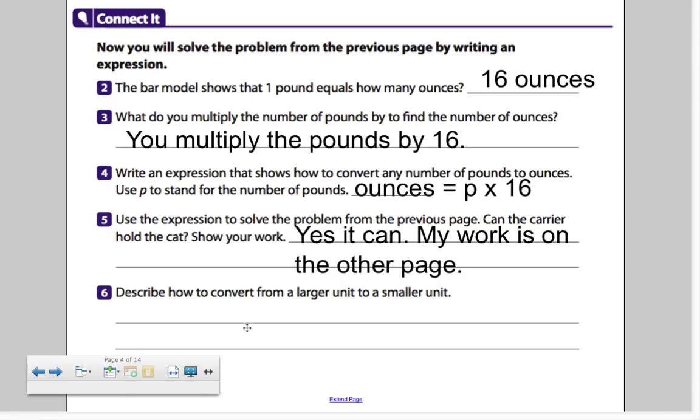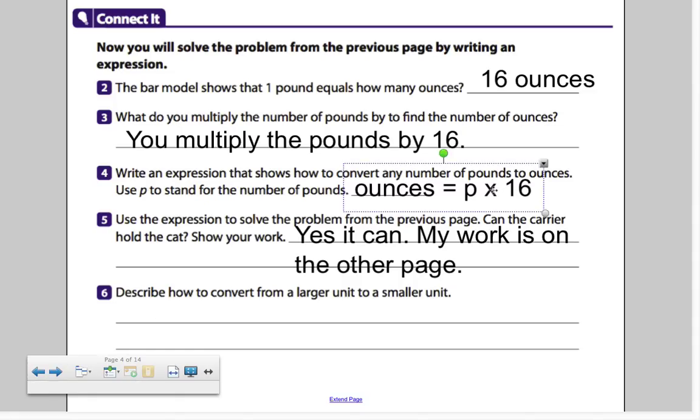Number 6. Describe how to convert from a larger unit, like pounds, to a smaller unit. Okay, so here's the tricky question. We did multiplication to go from pounds to ounces, right?